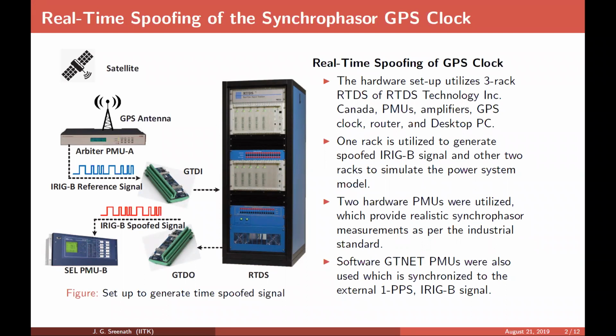So what exactly happens is a PMU is connected, as you can see in this particular figure, to a satellite, the GPS satellite. The PMU gets its timing information from this particular satellite. The satellite sends the timing information. You have a GPS receiver clock.